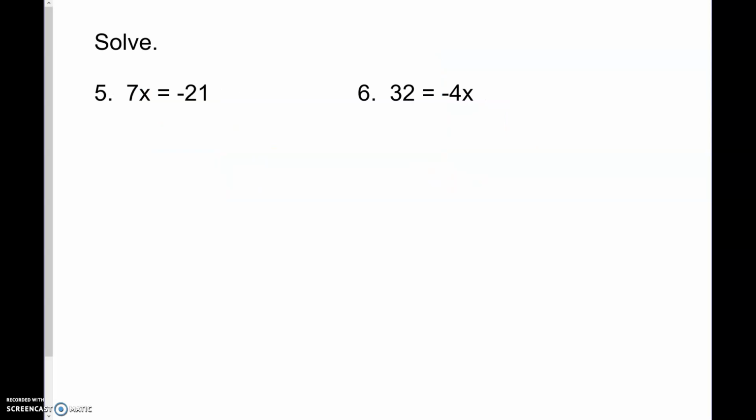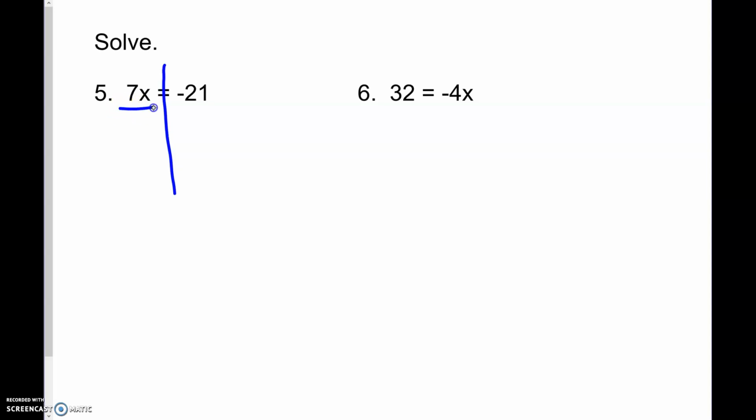All right, what does this one say? Again, we have two sides of the equal sign, and this one says 7x. 7x means 7 times x. So the number that is by the x is the 7, and the opposite of 7 times x is divide.